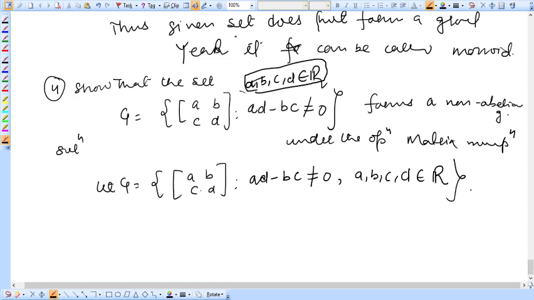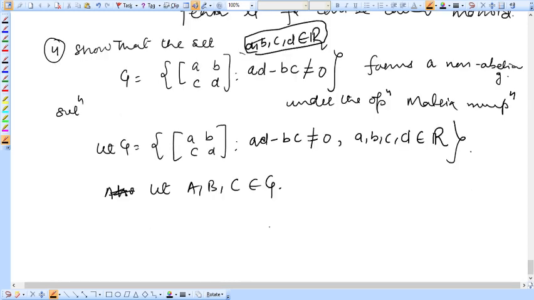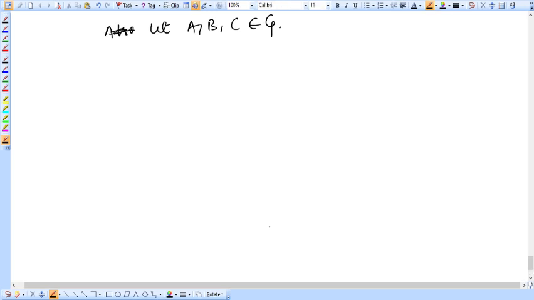We want to prove that this is a non-abelian group. So for that take 3 elements. Also let A comma B comma C belongs to G. Okay, so now firstly, let me tell you one thing here only.